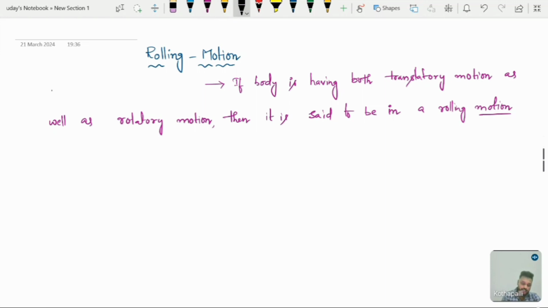So here simply, rolling motion is nothing but translatory plus rotatory.